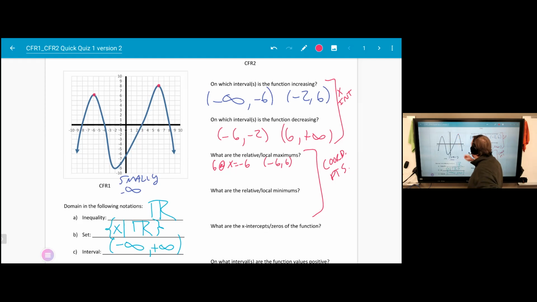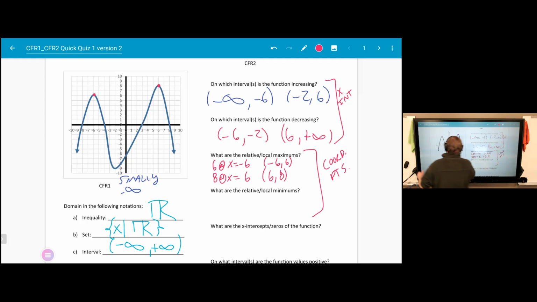The second one we have is 8 at X equals 6. Very interesting. We could have also written 6 comma 8. And you'll notice that it happens from increasing to decreasing. At -6, it switched from increasing to decreasing. At positive 6, it switched from increasing to decreasing.